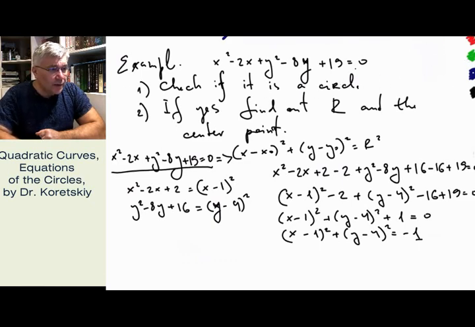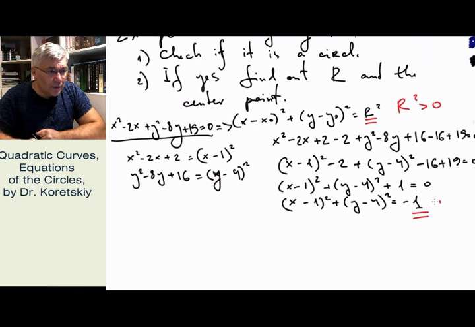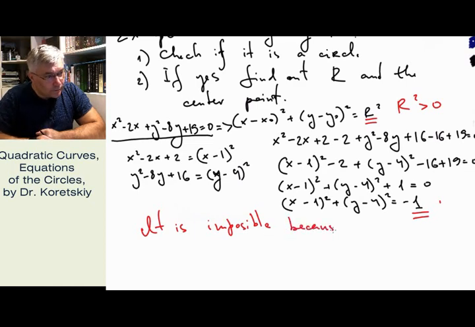You can say that r squared is always a positive number, but I have here a negative number, so it is impossible. If you compare these two things, it's impossible, because r squared can't be a negative number.